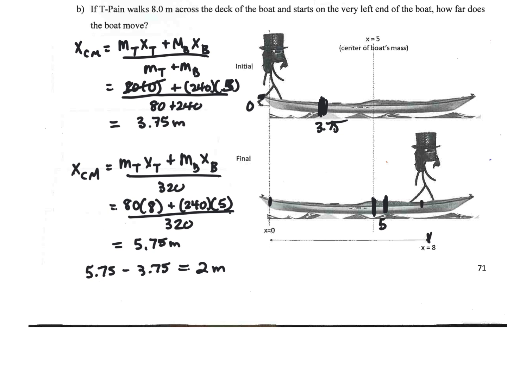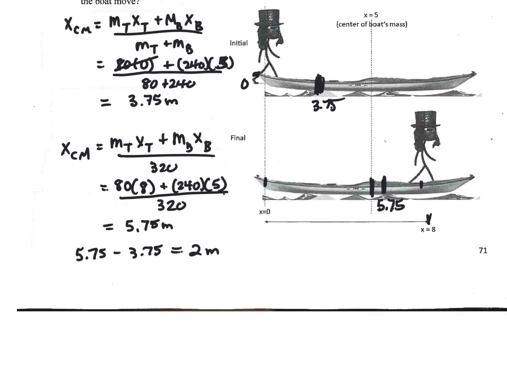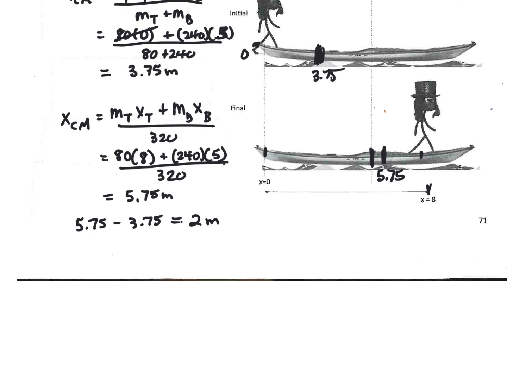Okay. So now what happened? It shifted to the right. I mean, the center of mass of the system shifted to the right. It says, how far does the boat move? So if the center of mass shifted to the right, the boat must have moved in the opposite direction to compensate for that.